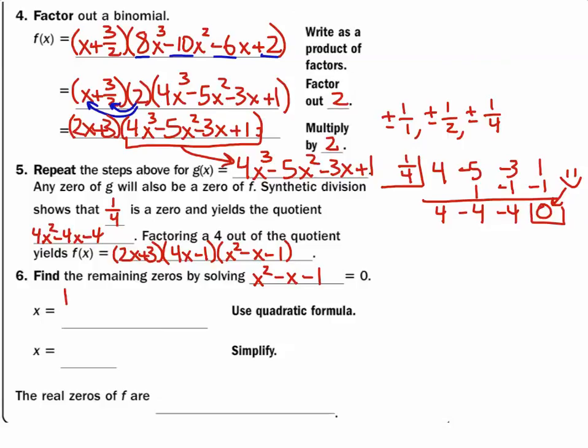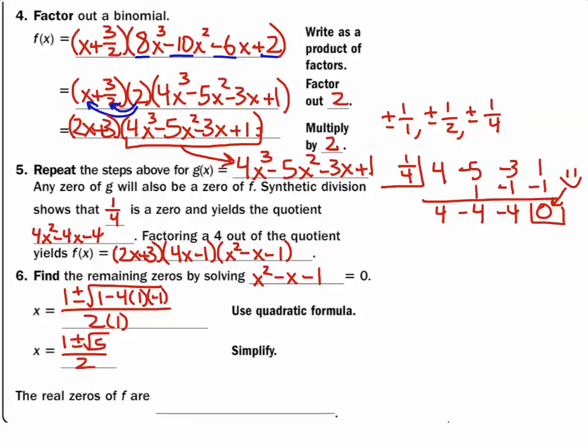So x equals the opposite of b plus or minus the square root of b squared minus 4ac, all over 2a. So we're talking about 1 plus or minus root 5 over 2.